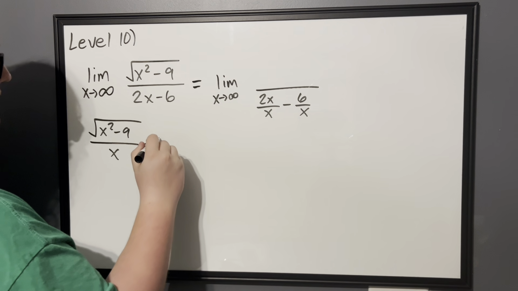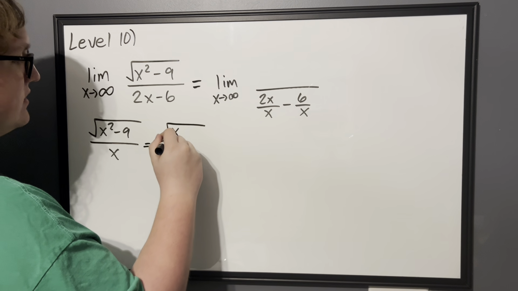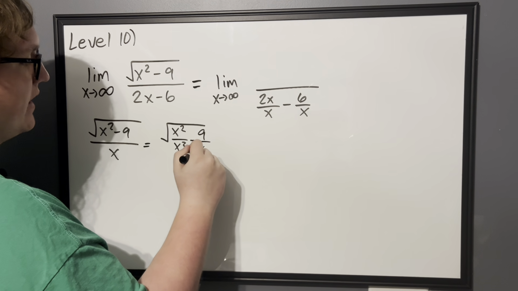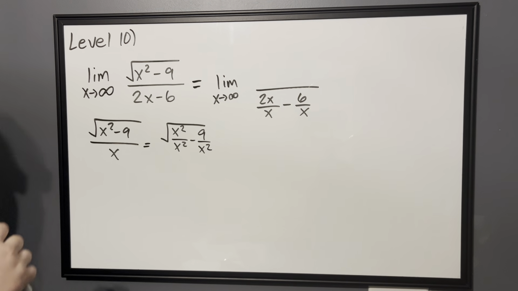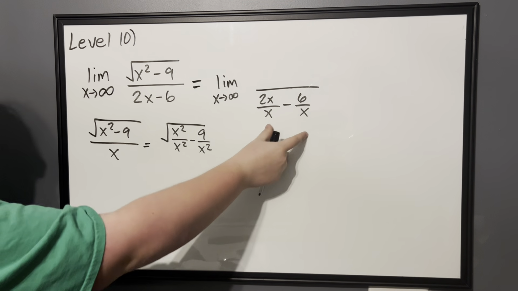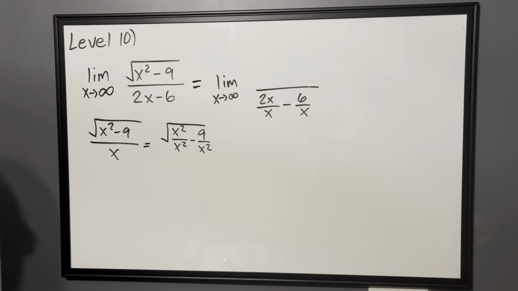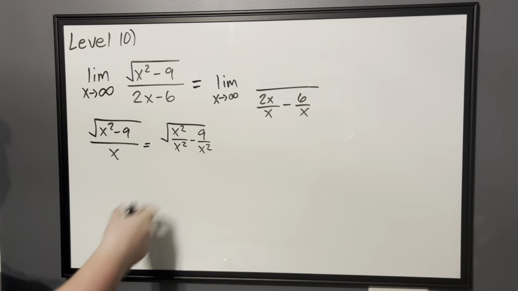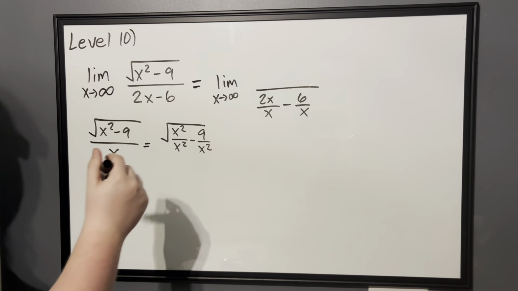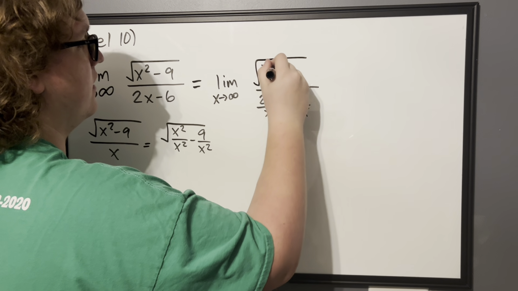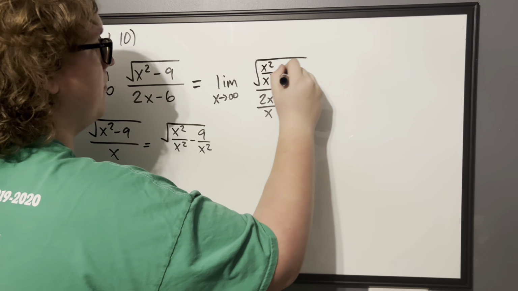So this is the same thing as the square root of x squared over x squared minus 9 over x squared. That's why it looks confusing, because you're dividing by x down here, and it seems like you're dividing by x squared in here, but you're really not. You're only actually dividing by x, because when you take the square root of x squared, it's going to give you x.